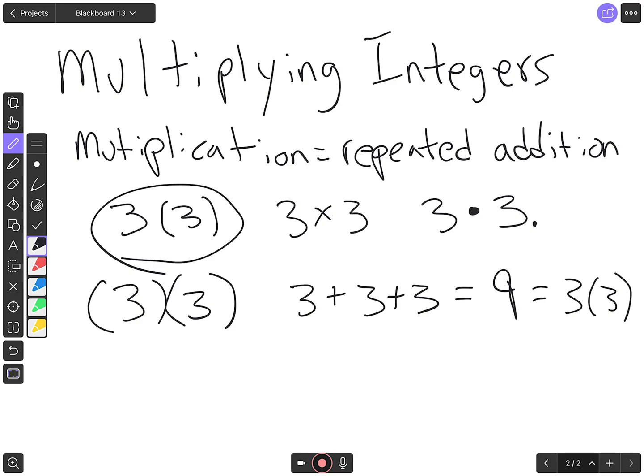Okay, so with that in mind, what we're doing is we're applying the same concept to integers. Okay, so for instance, if it was now 3 times negative 3, and again I'm using parentheses because this helps with not only the implied operation of multiplication, but it also makes it very clear if we're subtracting or multiplying, because if I just put the minus 3 right next to it, it would look like 3 minus 3.